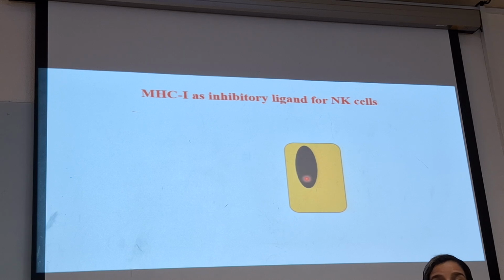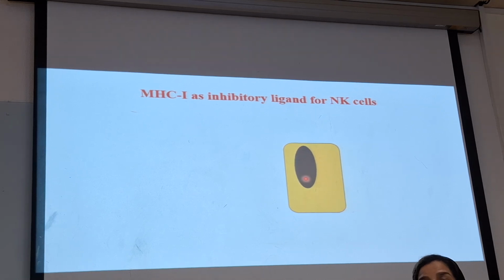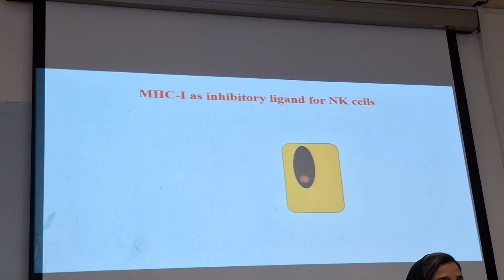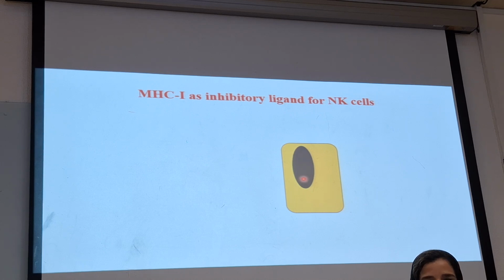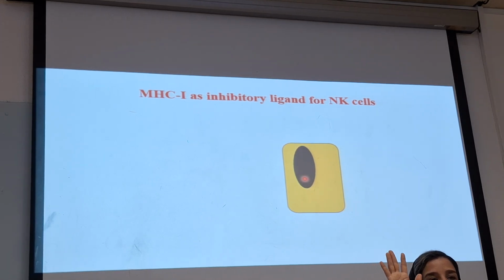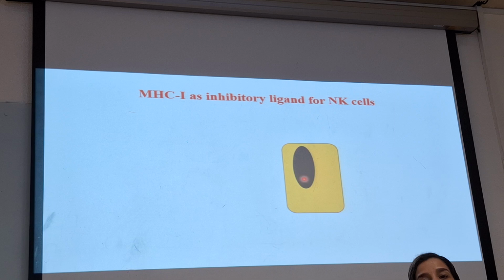MHC1 is like a passport, or an identity card, for our healthy cells, shown to NK cells, so they aren't killed or lysed by NK cells.